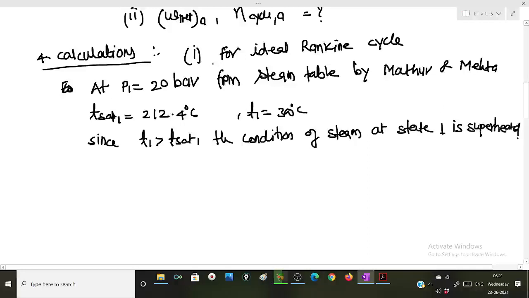Okay, so now we have to find out other properties of steam at state 1 for superheated steam only.